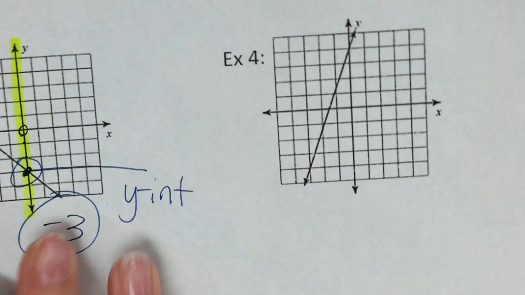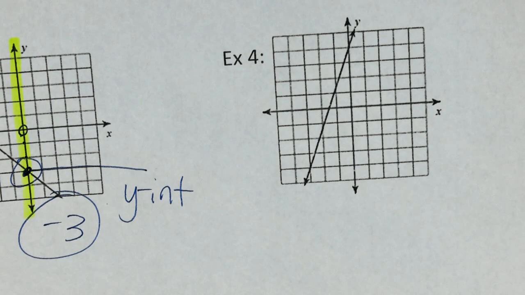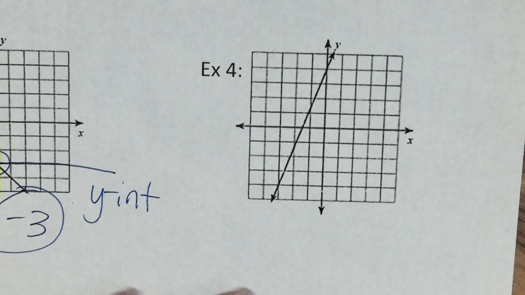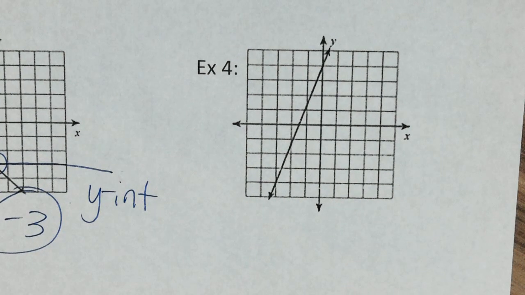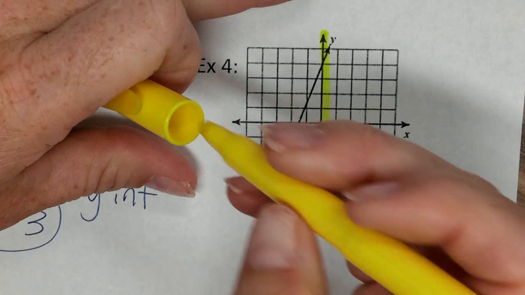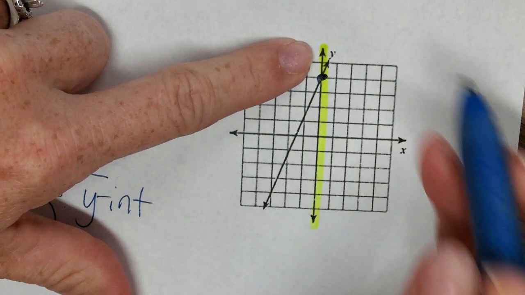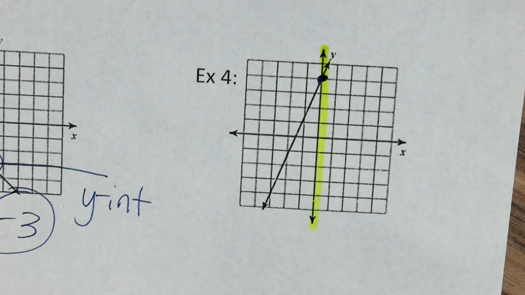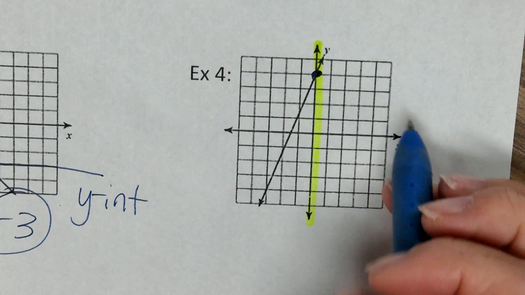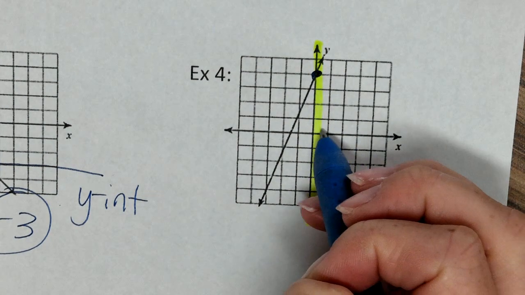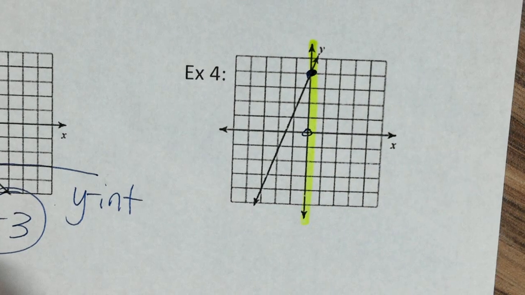Okay, let's look at the last one, guys. This is your last example, and you're on your own because this is so easy. Where am I looking for? Where the line touches the y-axis. So here's my y-axis. This is my answer. Do y'all agree? So I have to find out, where am I at? Here's the x-axis. So what is this number right here? 0.